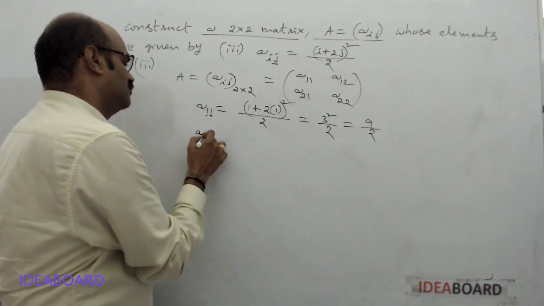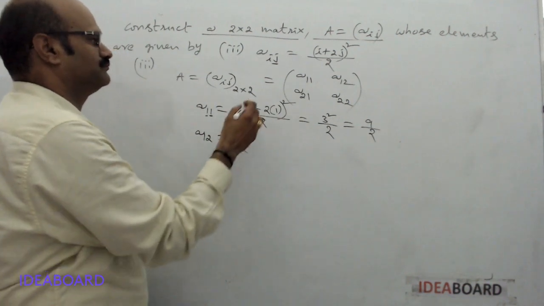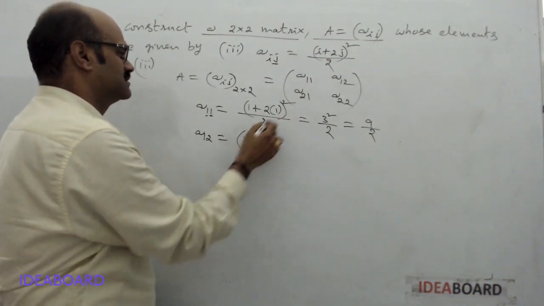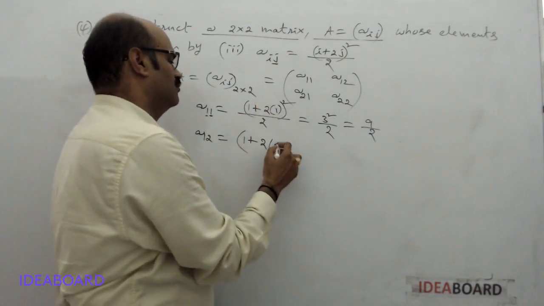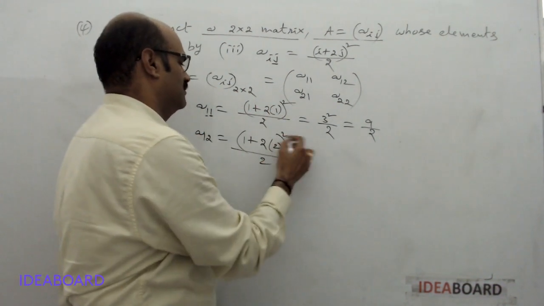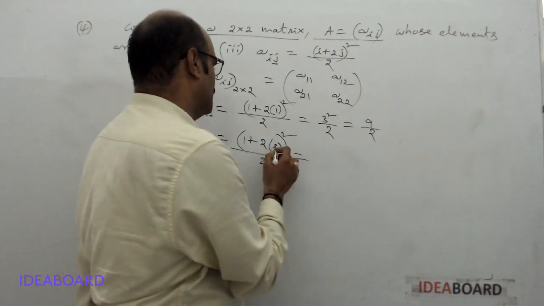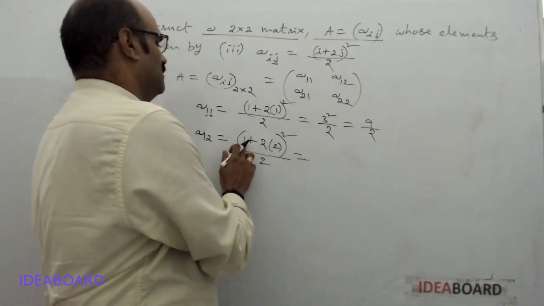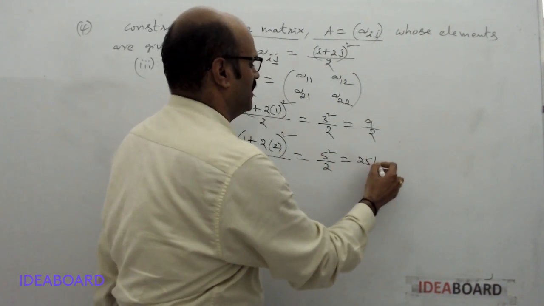Next, A12 equal to i plus 2j, 1 plus 2 into j equal to, here we are having 2, whole square by 2. So it implies (1 plus 4), 5 square by 2 equal to 25 by 2.